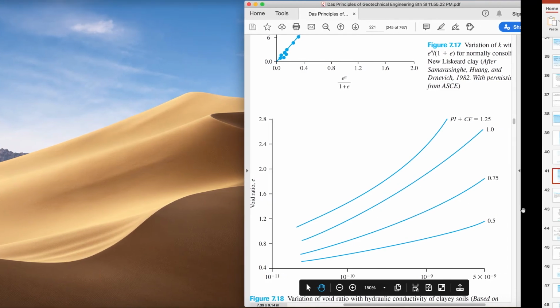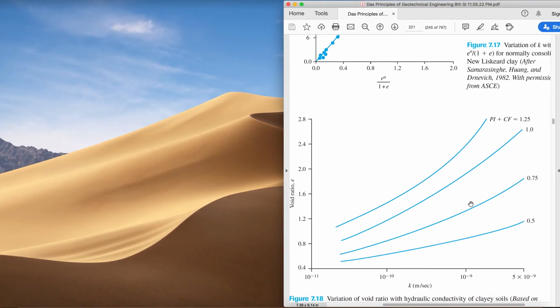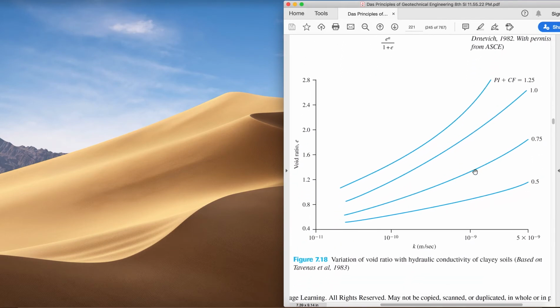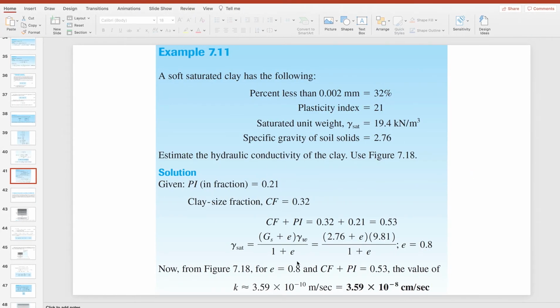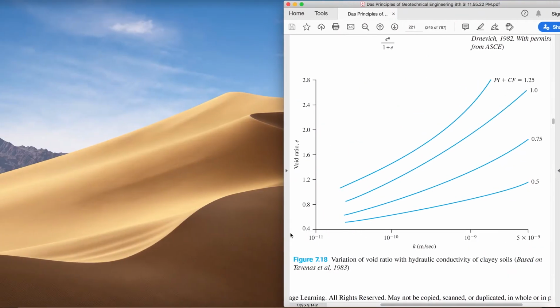Okay. So that is 0.8, 0.53. 0.8, 0.3. So magmi-meet siya around here.